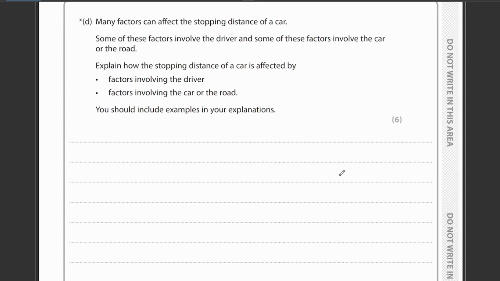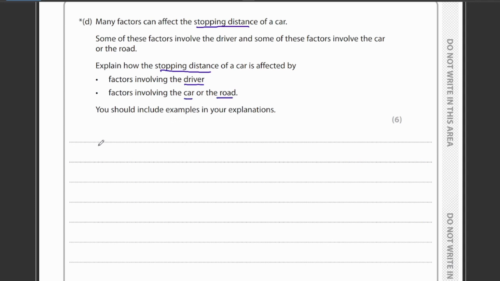Question 6, part D. Many factors can affect the stopping distance of a car. Some of these factors involve the driver and some of these factors involve the car or the road. Explain how the stopping distance of a car is affected by factors involving the driver and then factors involving the car or the road.